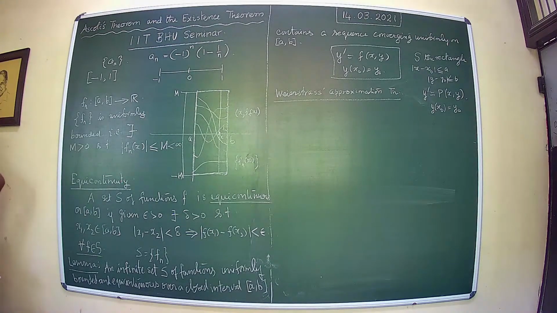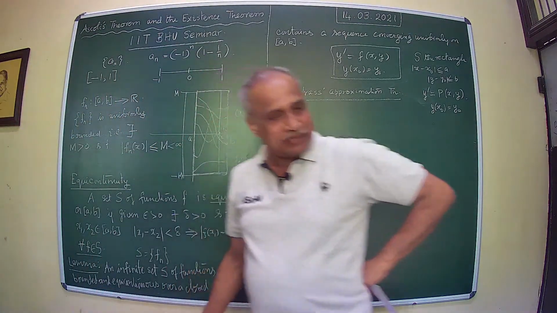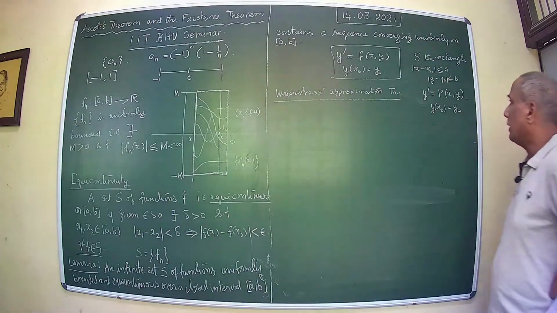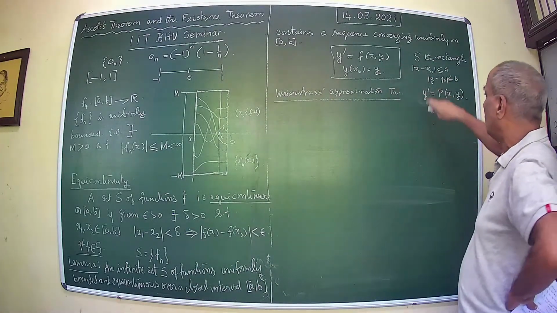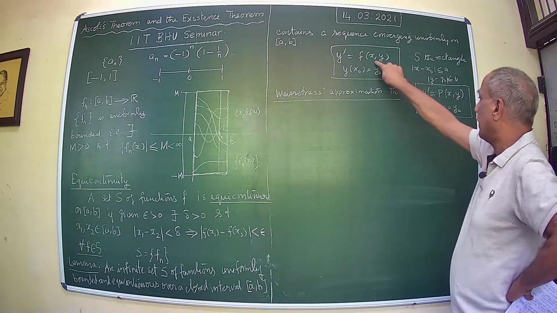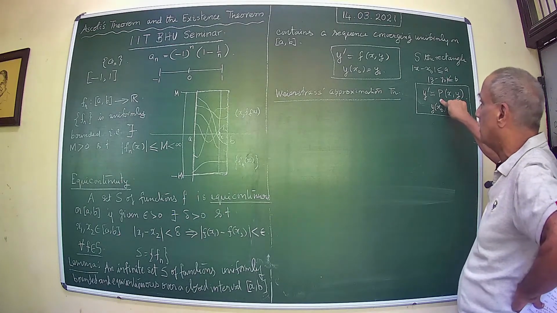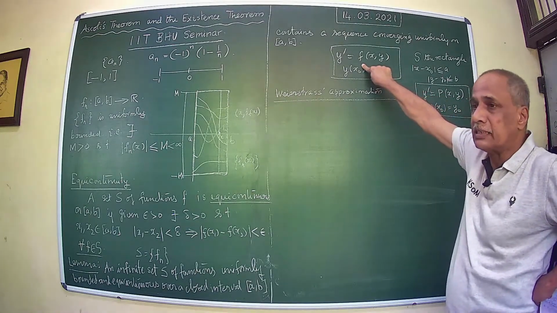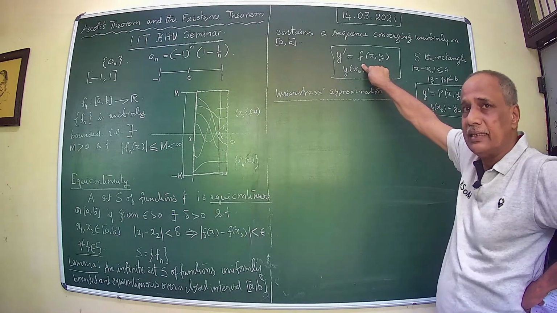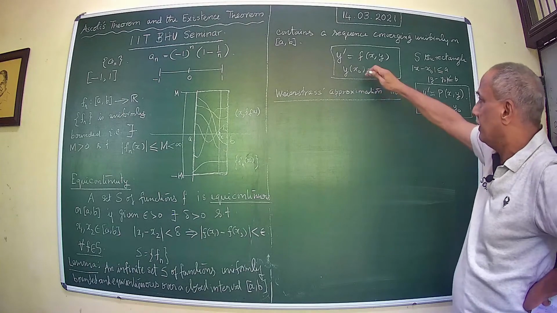Now you know that polynomials are nice functions. They satisfy the Lipschitz condition. Therefore, you replace this problem by this particular problem with f replaced by p, where p is an approximation to f. And the Weierstrass approximation theorem tells you that it is there.